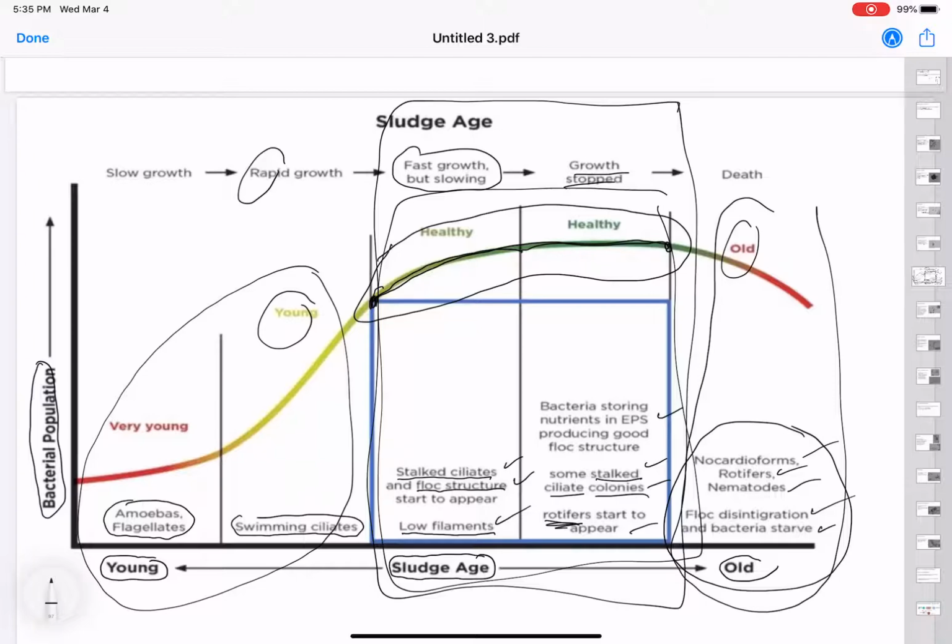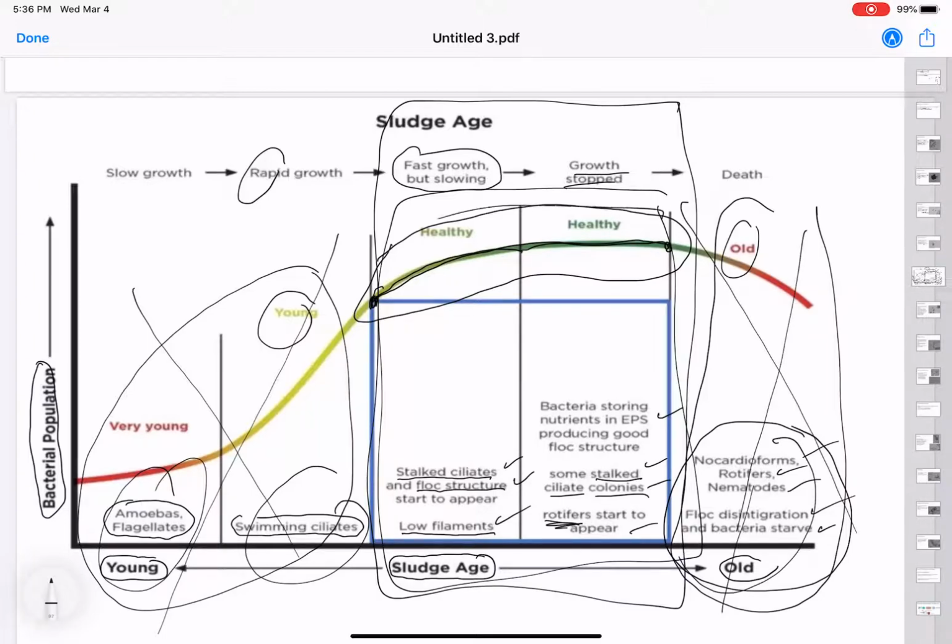Okay? So if you take a drop of wastewater from any reactor, from a CMFR, from an SBR, from a plug flow reactor, and you see this by itself or this by itself, these are young microorganisms, and that's not what we want. If you see any of those by themselves, these are old microorganisms. We don't need this. We need it always on the healthy side of this figure.